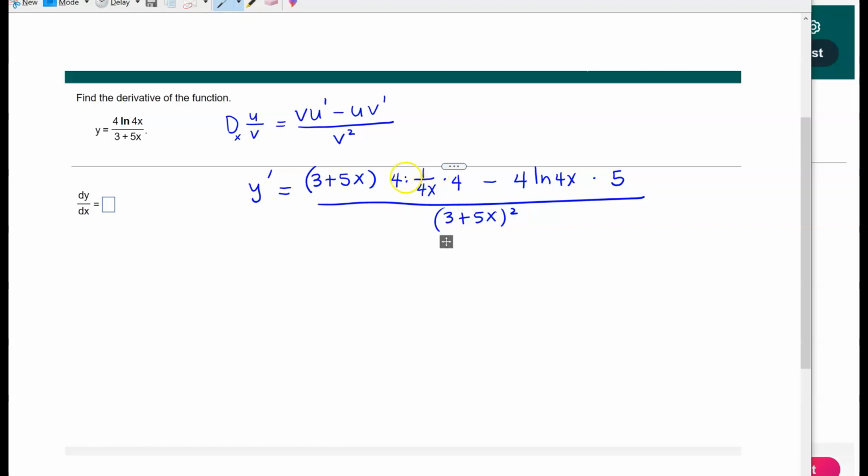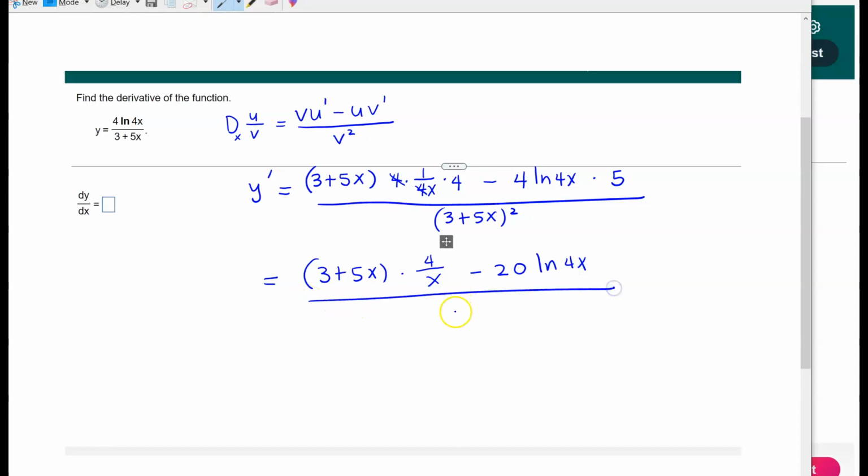Now let's try to simplify a little bit, okay? Or you may leave your answer like that. So you can just write it as 3 plus 5x times 4 over x minus 20 ln 4x, all over 3 plus 5x squared.